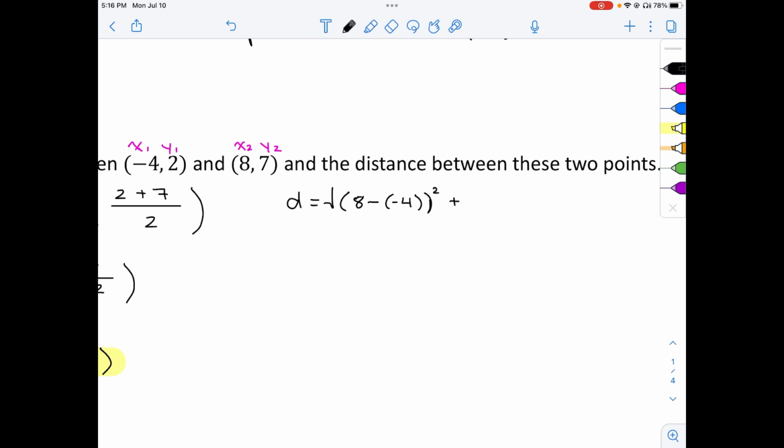Then we are adding y2 minus y1. So 7 minus 2, and that is squared as well. And then the whole thing is going to be square rooted. Okay, so I'm going to go step by step following BEDMAS. So first I'm doing the brackets of each. Okay, so here I've got 8 subtract -4.